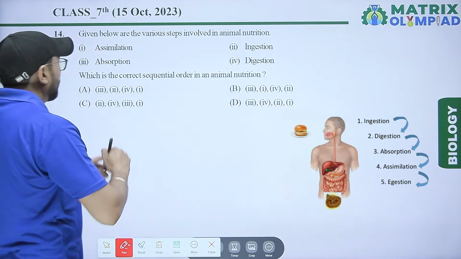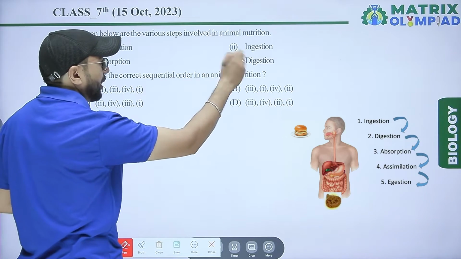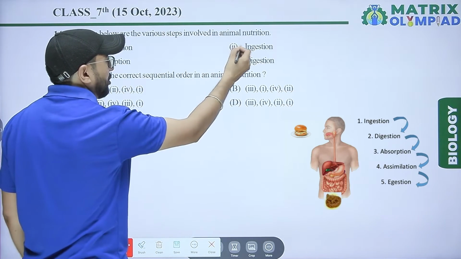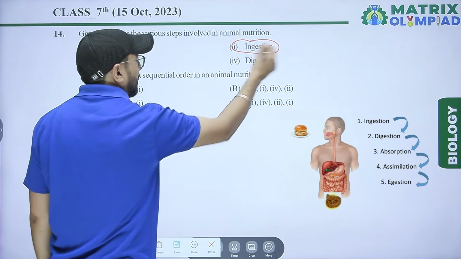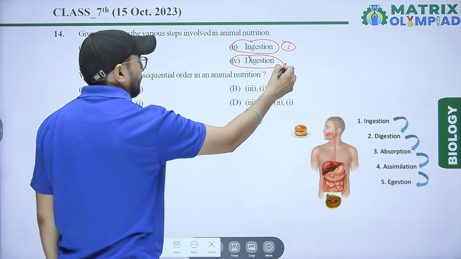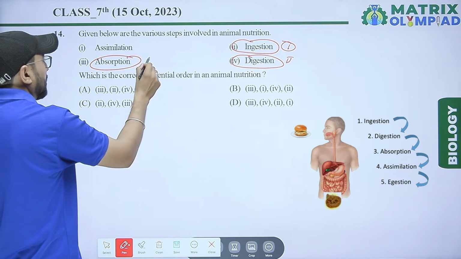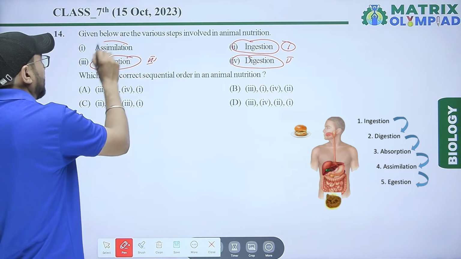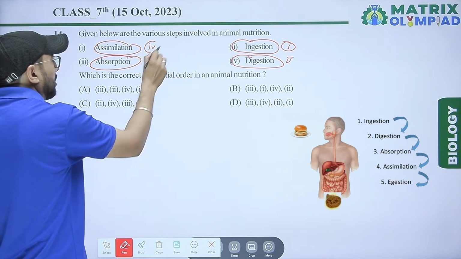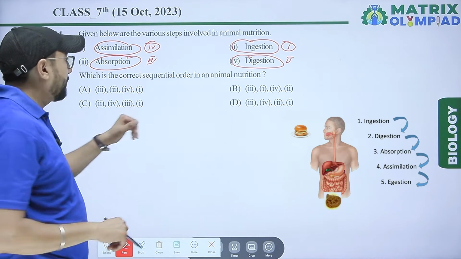Arrange them in the correct sequence. First is ingestion, next is digestion, next is absorption, and next is assimilation. The last is egestion, which is not included in these options.